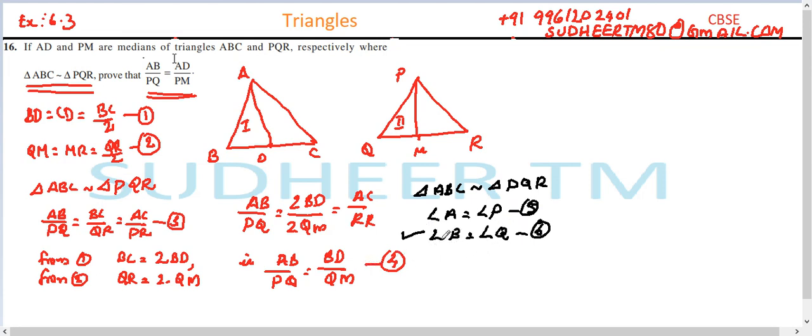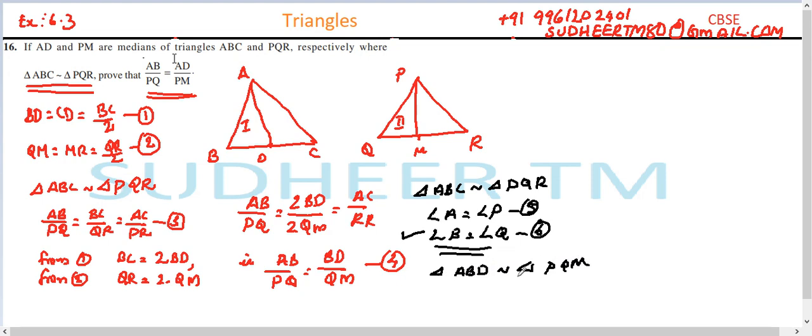If you combine them, in two triangles corresponding sides are in similar ratio, AB and PQ, BD and QM, and their included angles are equal, that means angle B is equal to angle Q. We can write triangle ABD is similar to triangle PQM.